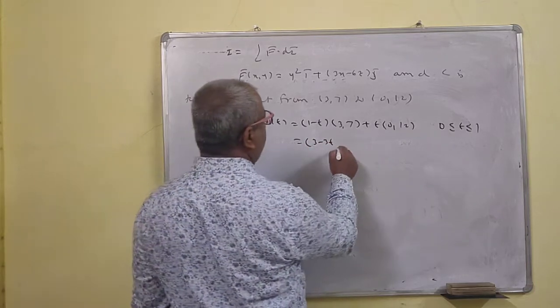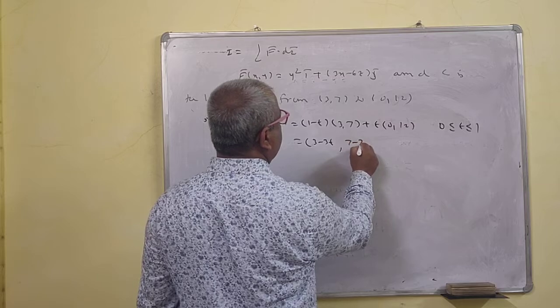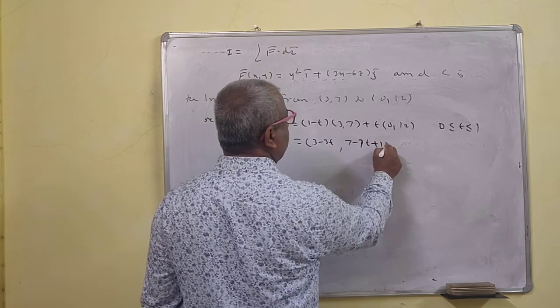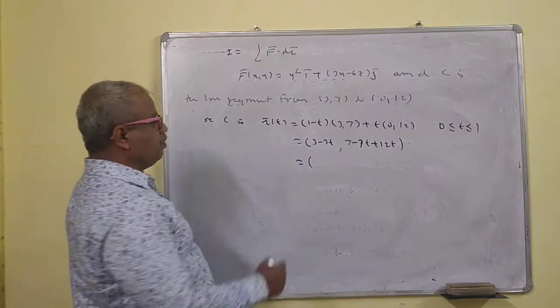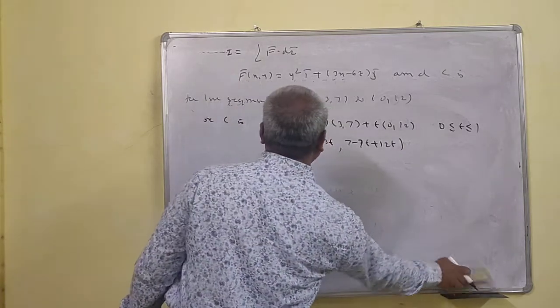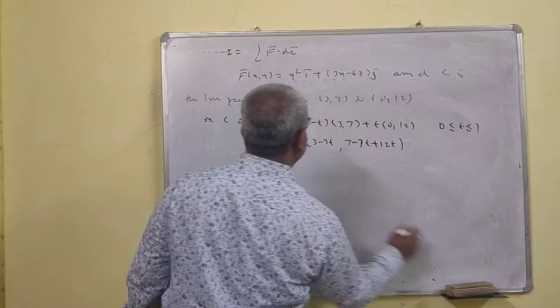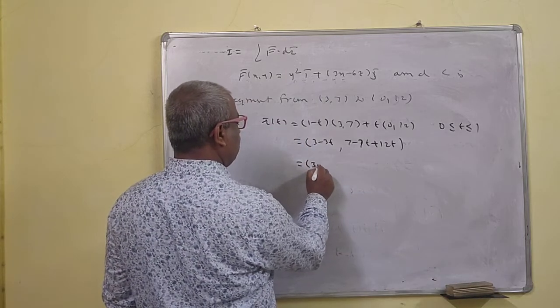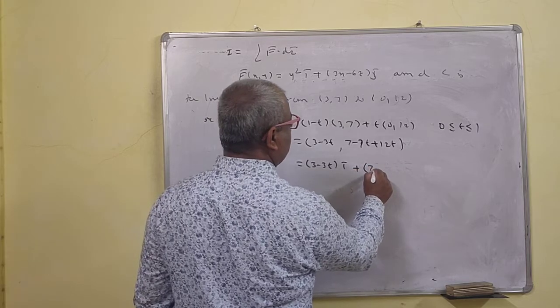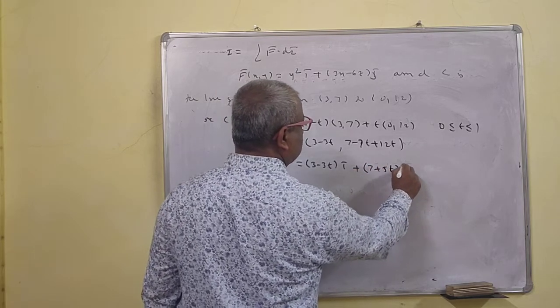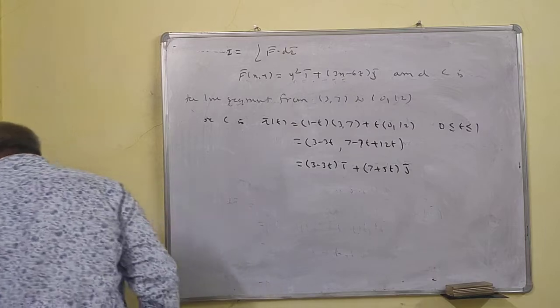We'll add all the components here, 7 minus 7t plus t. Now we'll simplify this. We'll write in terms of i bar and j bar. So this is (3 minus 3t) i bar plus (7 plus 5t) j bar.